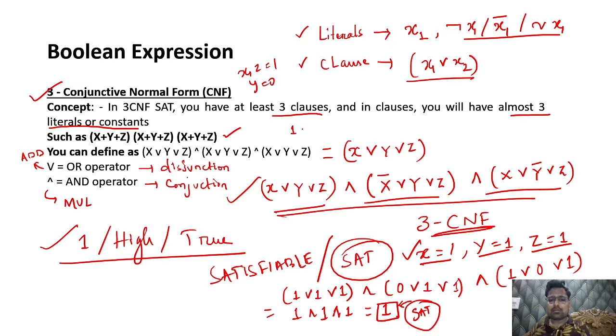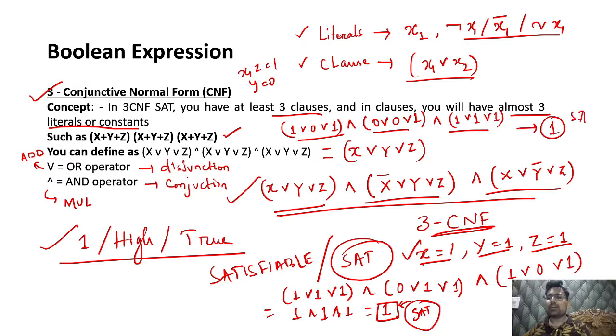In this case 1 0 1. A 1 is there in a clause now, and definitely, as I said before, it will give 1 as a result. The 0, then 1 here, then X value is 1, then 1. So the clauses are 1 1 1, so definitely we are getting 1, which is SAT.